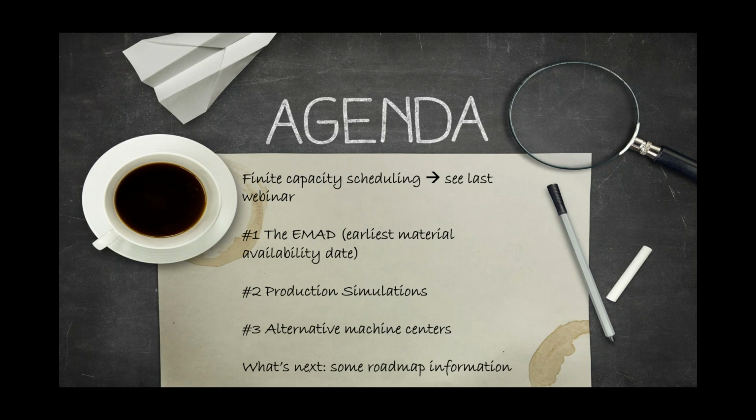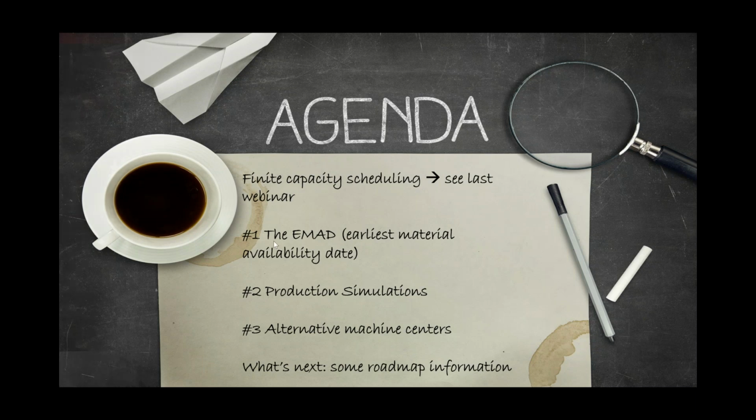I will look into all 3 points, and all 3 points are accompanied also by demos. And then at the end, I will share some roadmap information about the VAPS with you guys. But again, the finite capacity scheduling was part of a separate webinar 2 weeks ago. Just go there, have a look, and watch it there.